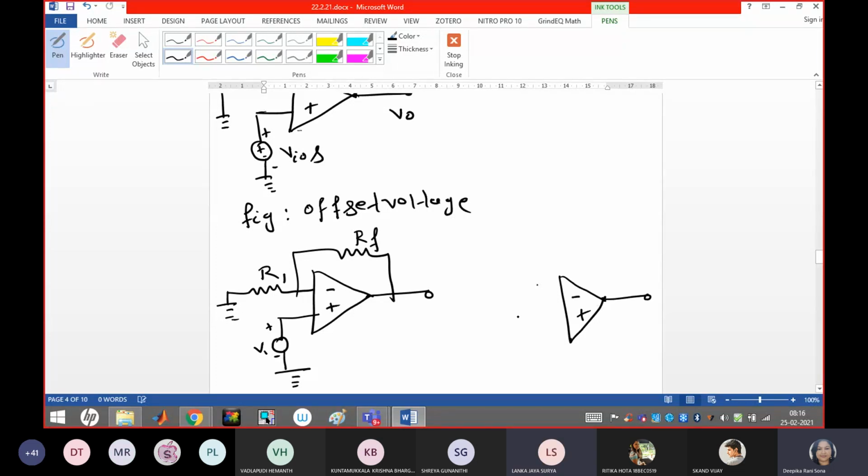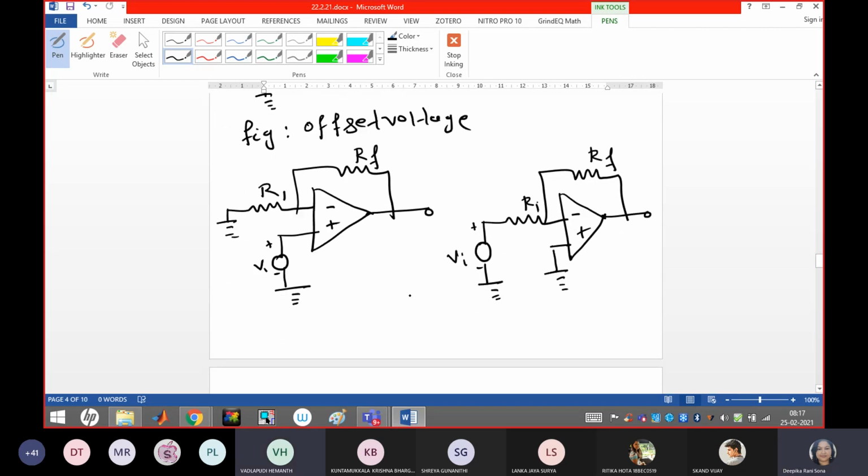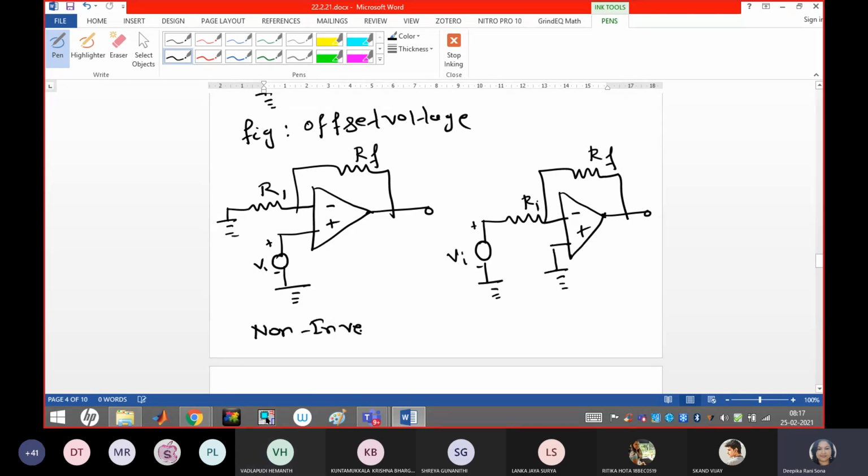Yeah. And this one? Inverting. Non-inverting, and this is inverting representation of VIOS.